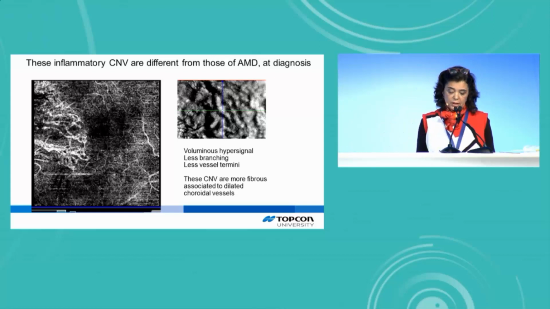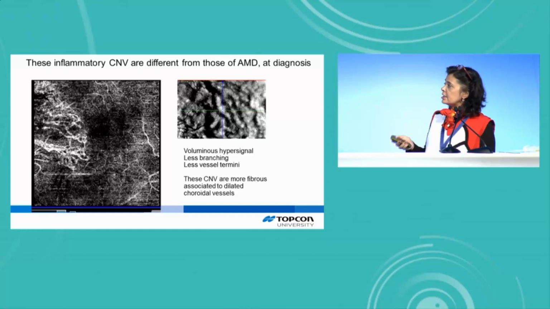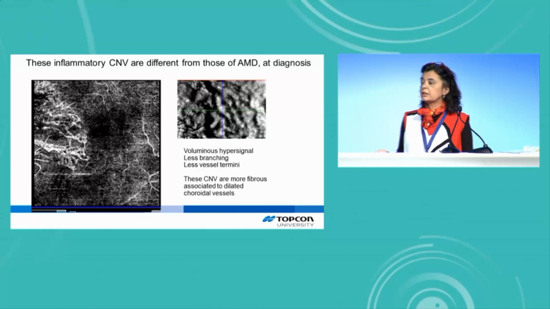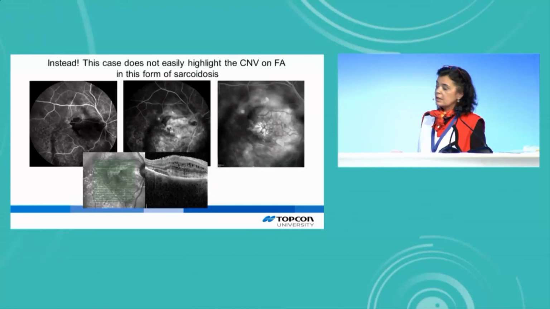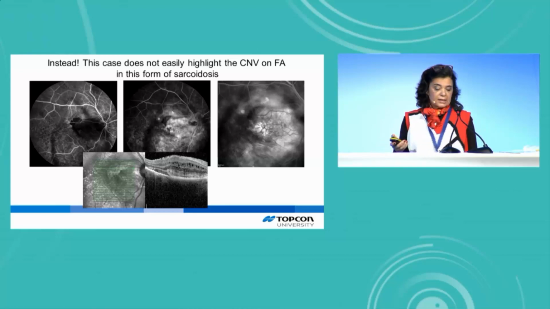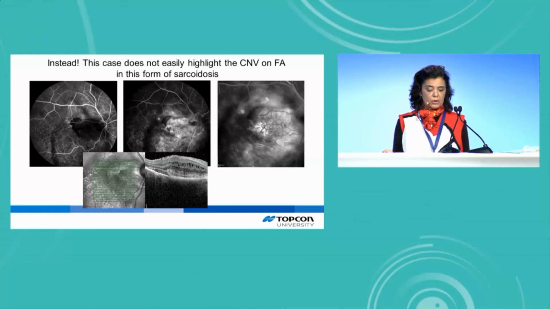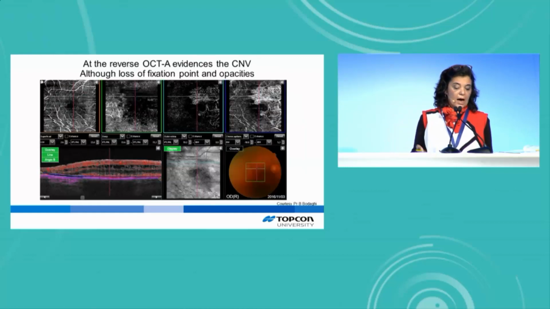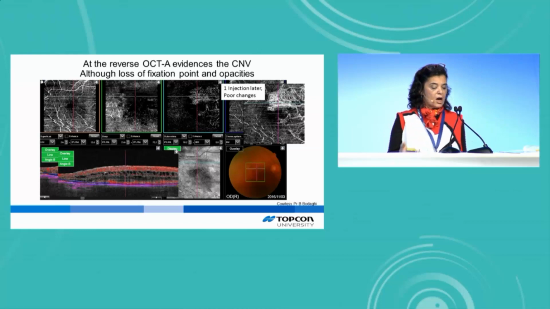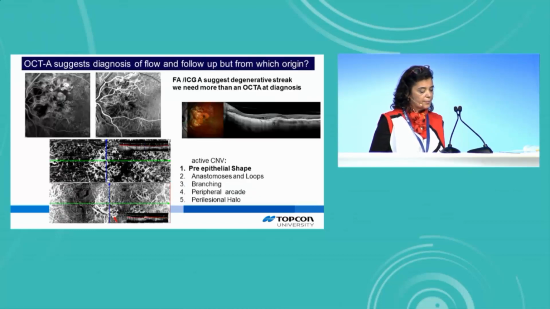Voluminous hypersignal, less branching, less vessel termini. These CNV are more fibrous, associated to dilated choroidal vessels. Instead, this case does not easily highlight CNV on FA in this form of sarcoidosis. In reverse, OCT-A evidences this CNV despite loss of fixation point and opacities.